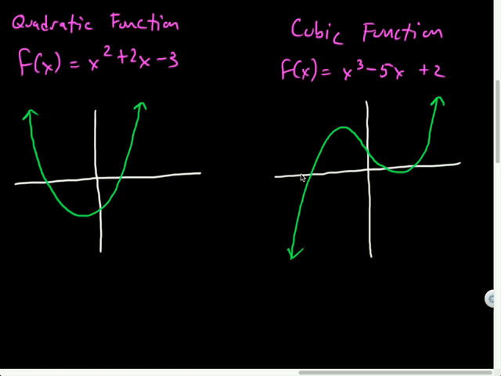It actually doesn't necessarily hold the same shape. It wouldn't have a down 1 over 1, down 3 over 1 slope thing going on. But I just want to point out the general curviness of it. And what's the degree of a cubic function? 3. It's a third degree function.